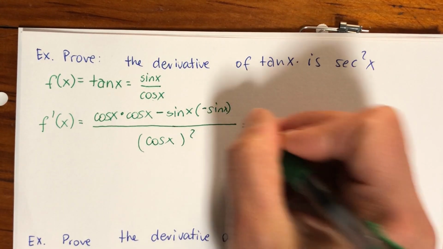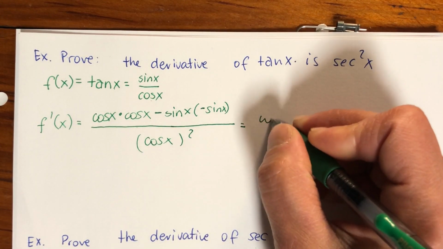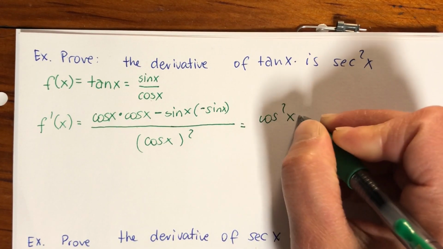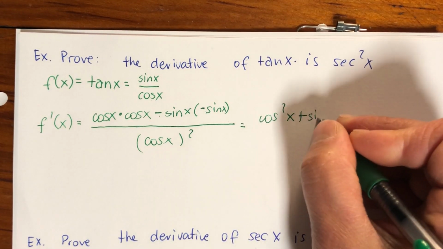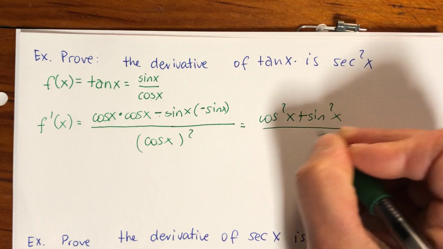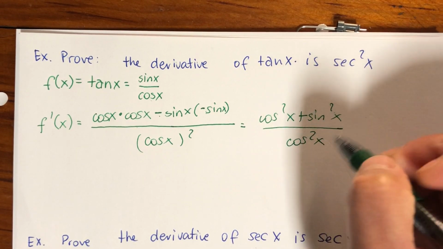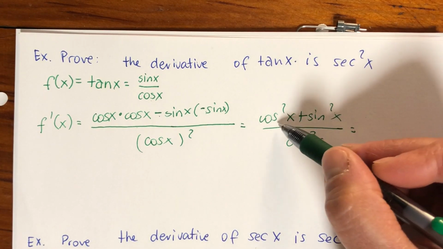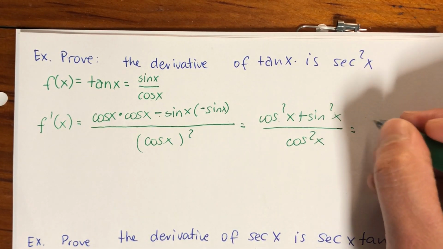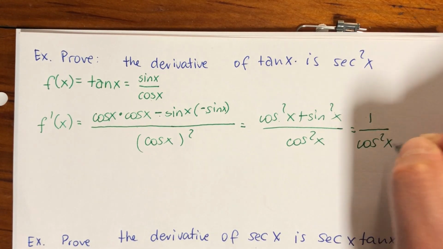All right, let's see what we can do with this. Cosine of x times cosine of x gives me cosine squared of x plus, because I have two negative signs, sine squared of x. And I'm going to divide it by cosine squared of x. And now everybody remembers that cosine squared plus sine squared is 1, divided by cosine squared of x.